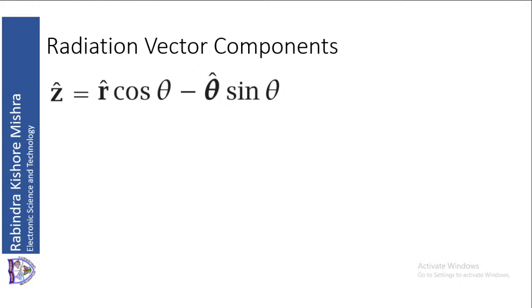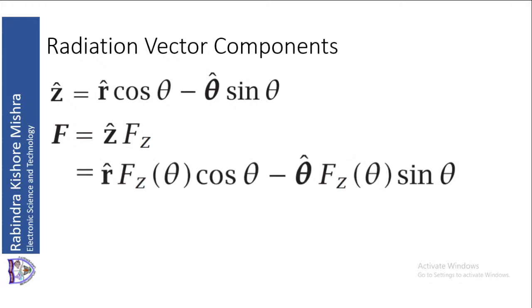If you find the relationship between the Cartesian and spherical coordinate systems, then z cap is equal to r cap cos theta minus theta cap sin theta. This we have already seen in the last class. Therefore, vector F is equal to z cap Fz, that will be r cap Fz cos theta minus theta cap Fz sin theta.